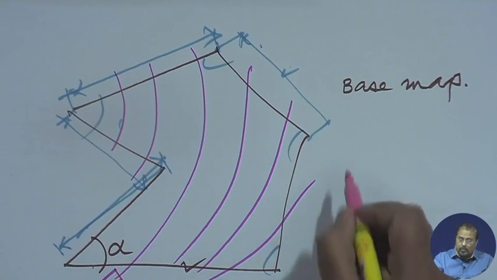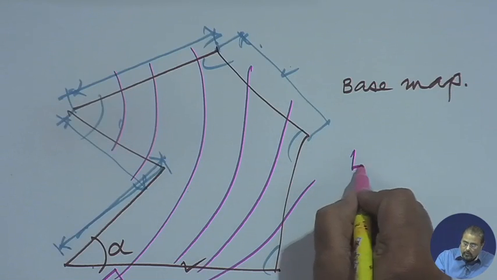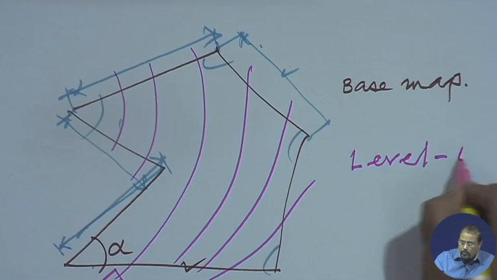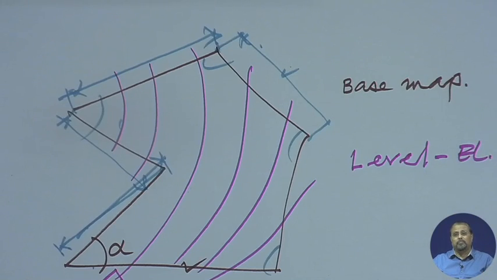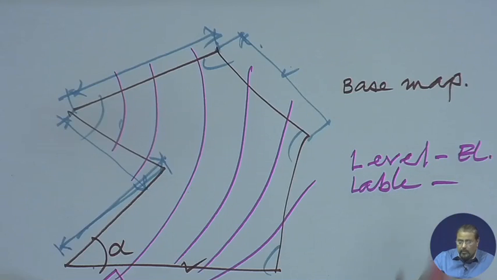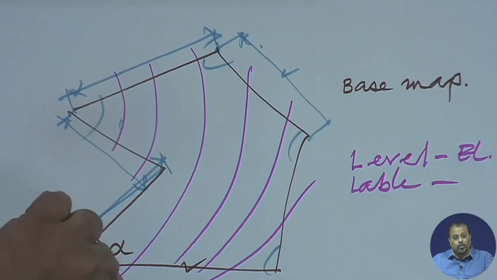This level, there are two things. One is the level that represents the elevation, and there is another thing which is also called level, which is nothing but the annotation of it.